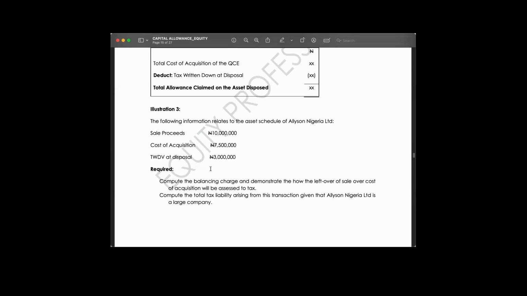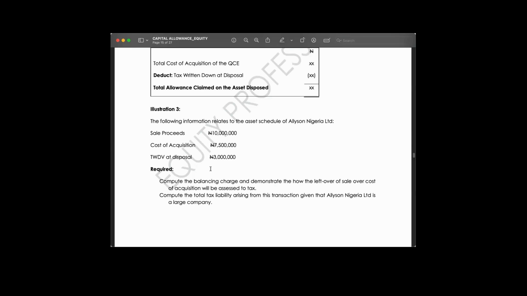Now we are saying that your balancing charge cannot be more than total allowance claimed on the asset, right? So with that, that means we are going to restrict our balancing charge to 4.5 million. If we are restricted to 4.5 million, what happens to the balance?